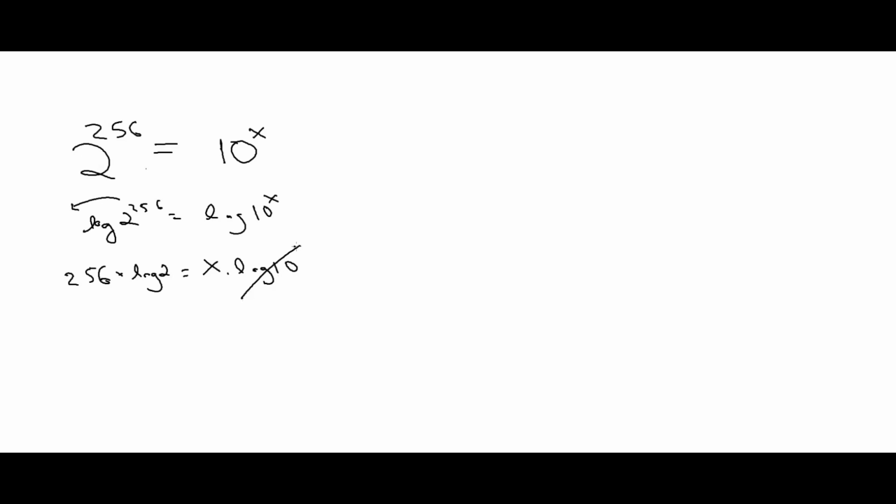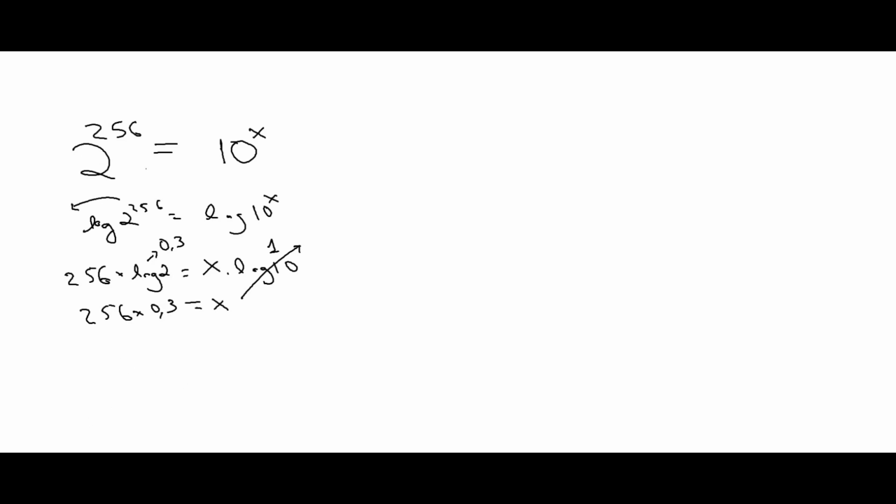We know the log of 10 represents the number 1, and the log of 2 is approximately 0.3. So it's going to be 256 multiplied by 0.3, which equals x.